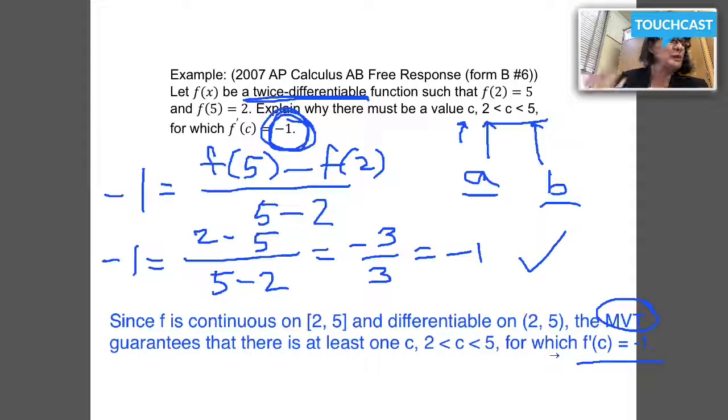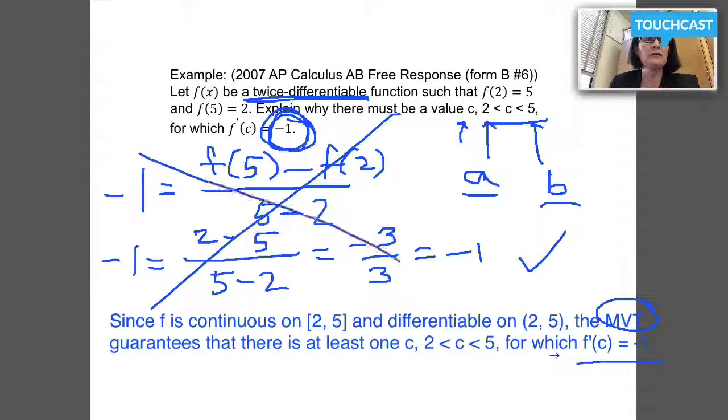Some people who like to write as little as possible could have, instead of doing this work here, started with this statement, and then here at the end, instead of writing -1, that's where you could have shown that calculation, f of b minus f of a over b minus a equals -1. So in that way, you're writing one sentence. If you feel like that takes less work or uses less space, you're welcome to do that.